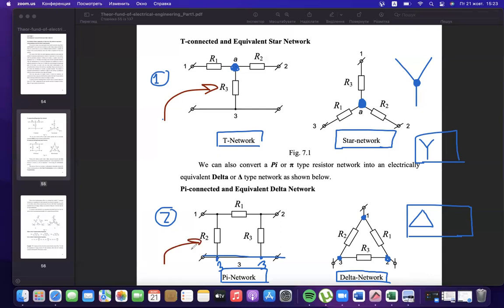Some signal flows inside, some flows outside the system, and it looks like T or P network. But generally, it is exactly the same type of connection with 3 different names. You could call it any name you want. I think teacher Ludmila will say star triangle or Y delta connection in practice.